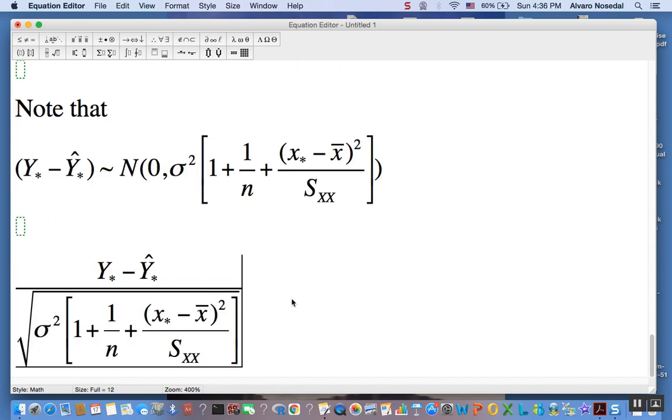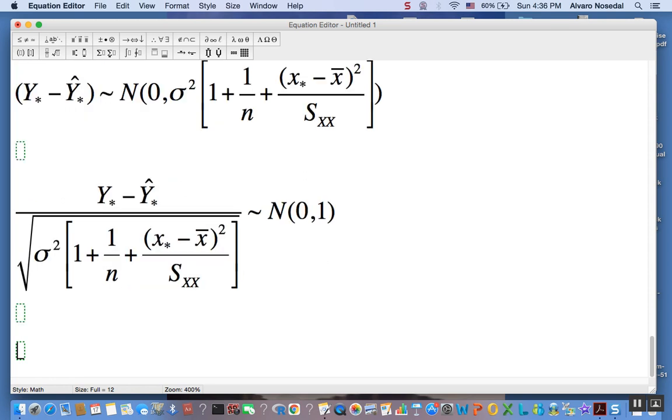So that ratio has a normal 0-1 distribution. That would give us the first ingredient in that t-distribution that I mentioned.